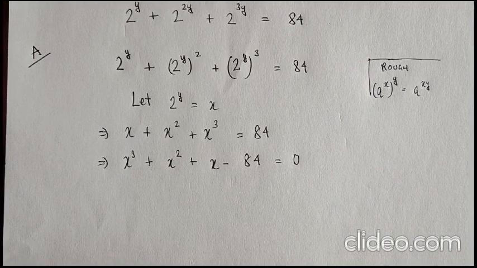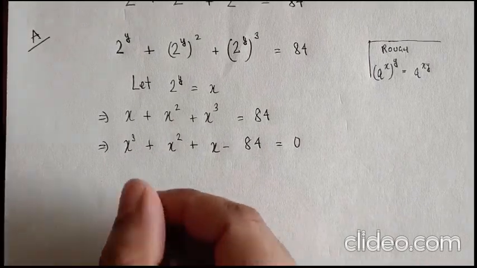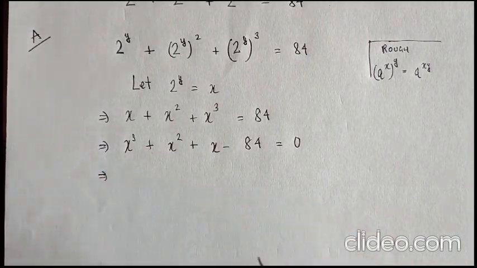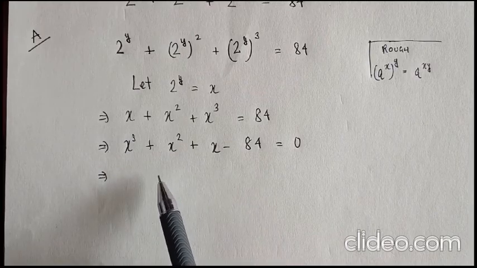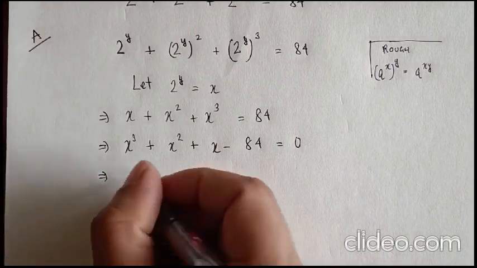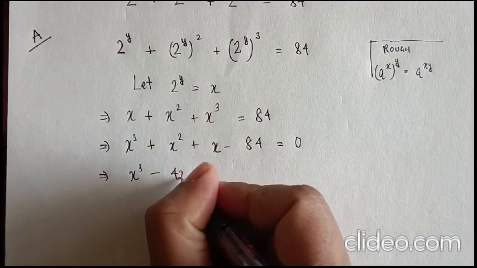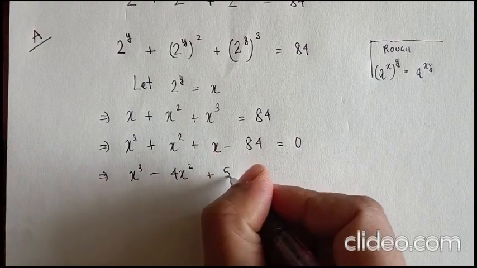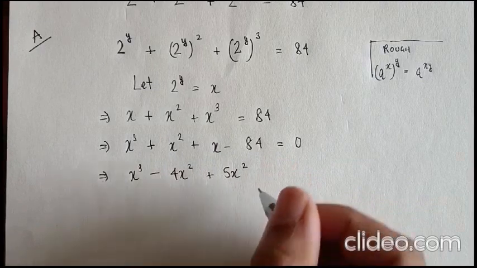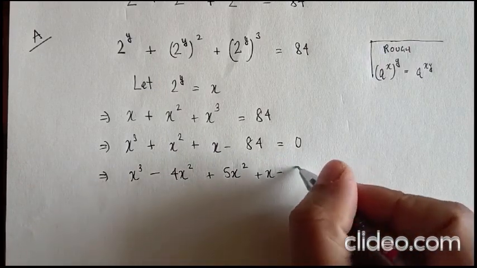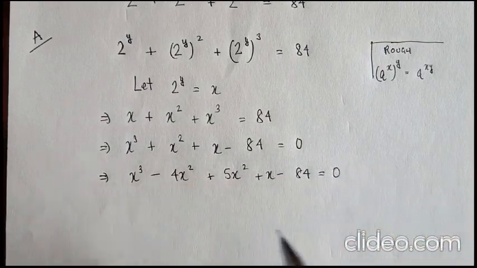Now let us try factorizing this in a way that we can find a common factor to this entire equation. So x cubed minus 4x squared plus 5x squared, right, plus x minus 84 equals 0.